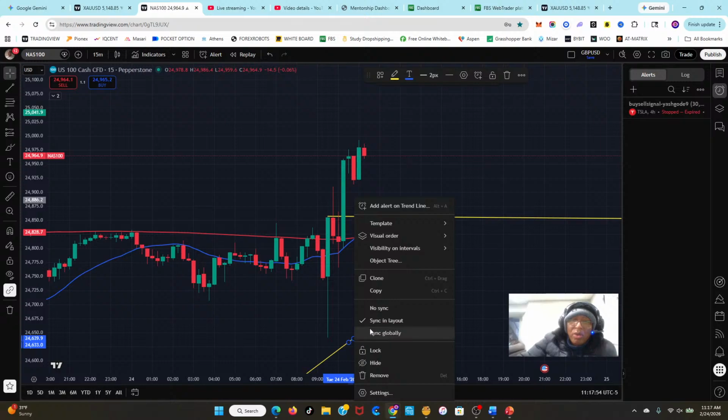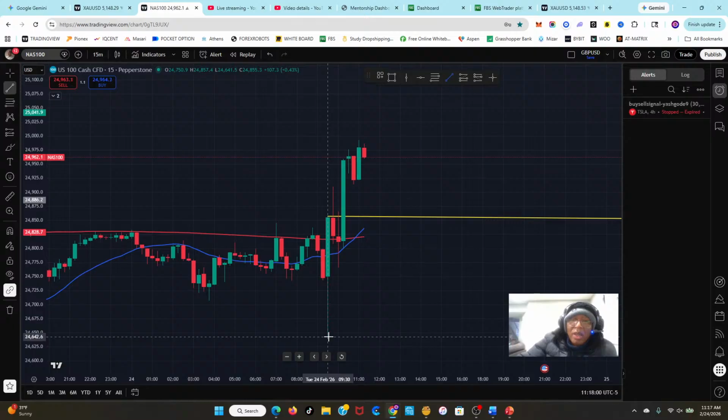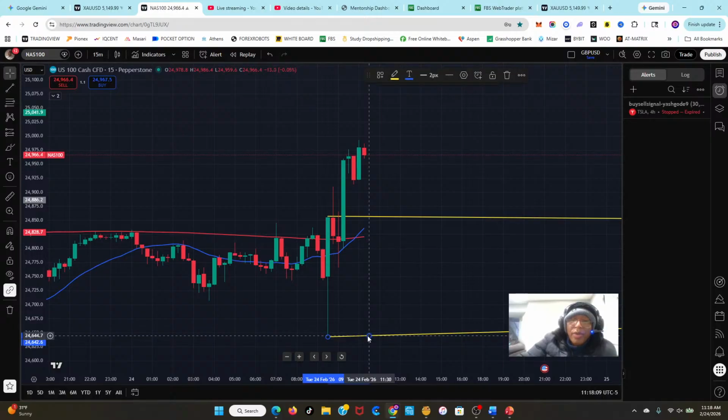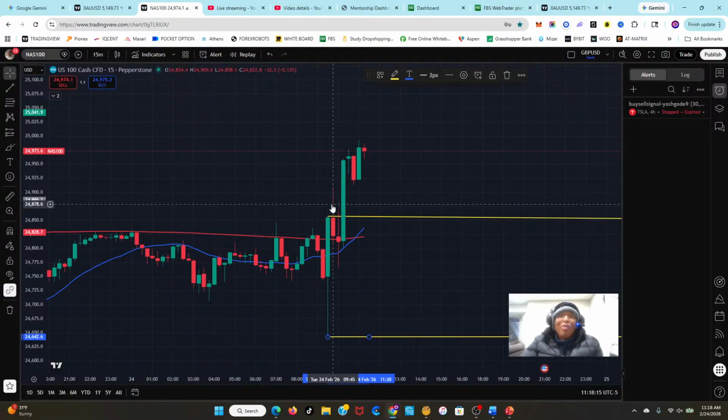This is the one I want to remove. There we go. Alright, it's this one here. So we just come and mark it right there. So that was a 15-minute opening candle, that one there.